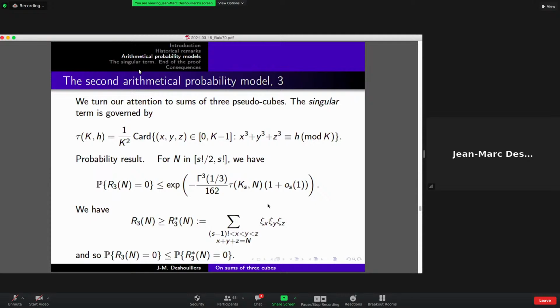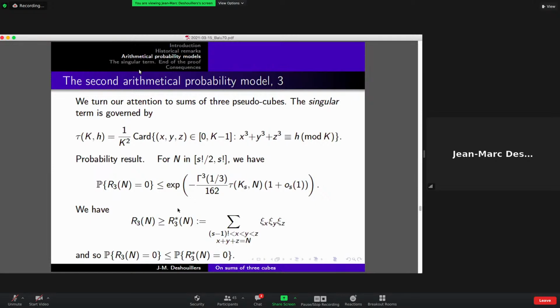It is easier to consider only the pseudo cubes which are between s-1 factorial and s factorial, because it is the same law that is behind. Otherwise, the k will be different and you may be in difficulty, but you don't care much, because if you already have something for this number, then you have something here. So the probability that R3(n) is equal to 0 is at most the probability that this is equal to 0. So you're happy with that.